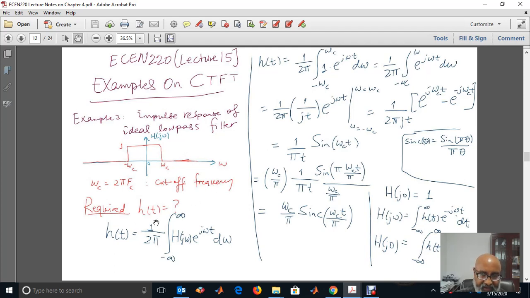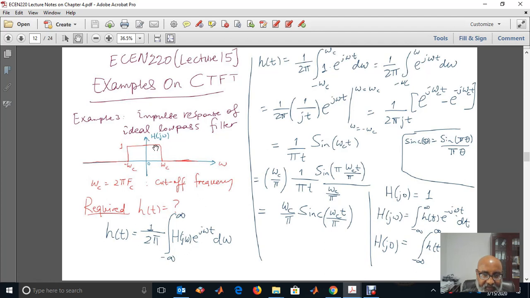Let's find the impulse response. That means we go from frequency domain to time domain. So h of t is 1 over 2 pi, integral from minus infinity to infinity of H(j omega) e to the power of j omega t d omega. We used here the inverse Fourier transform formula, okay? Because the signal is now h of t, and we should use H(j omega).